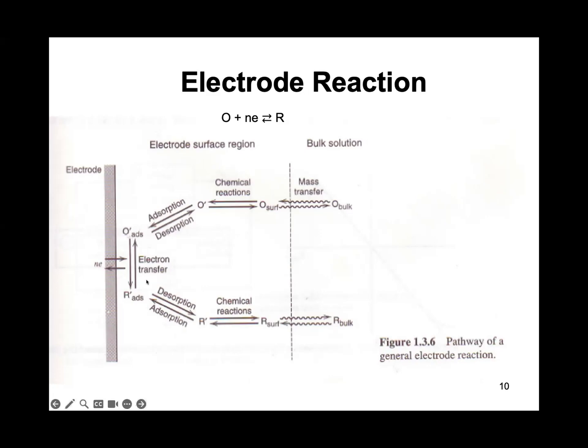This process is very, very important to be controlled, because if we don't control this, then the analysis will not be accurate. There is a possibility that the chemical reaction is not happening because of the distance from the electrode. So these are very important to be controlled.